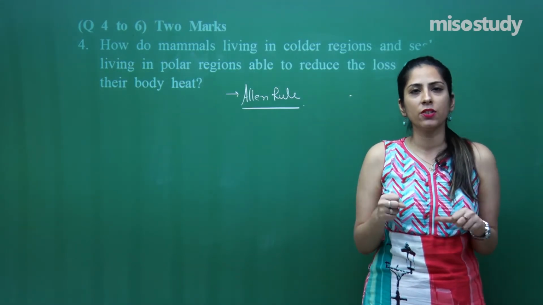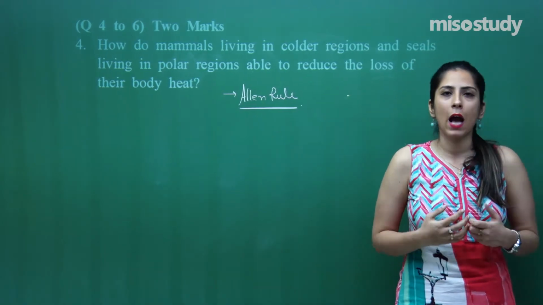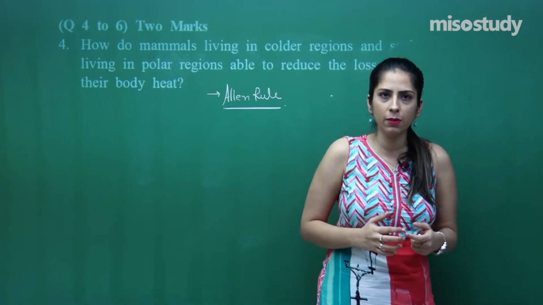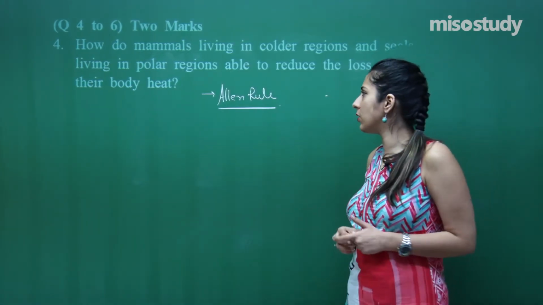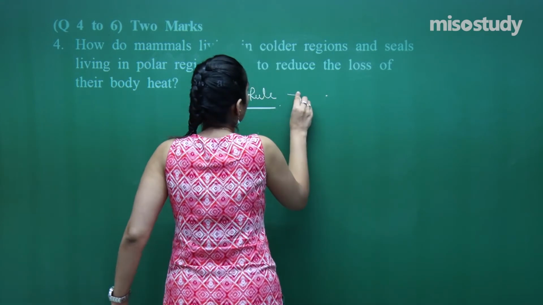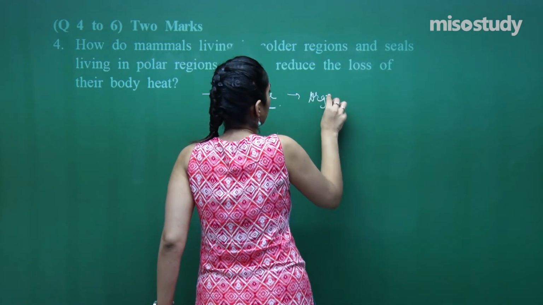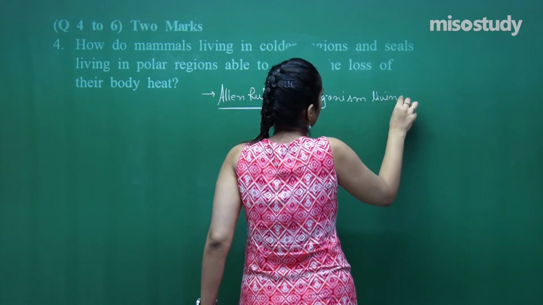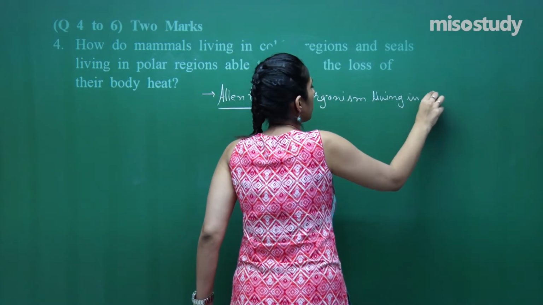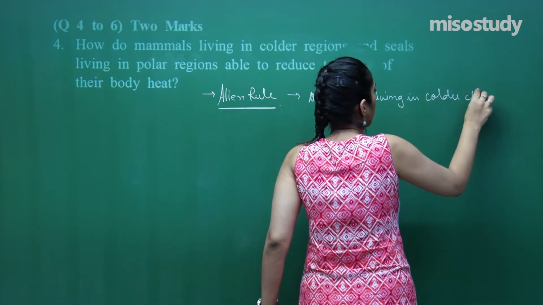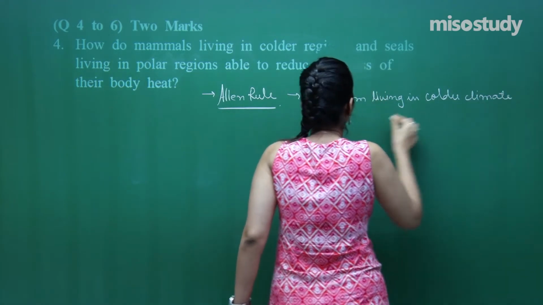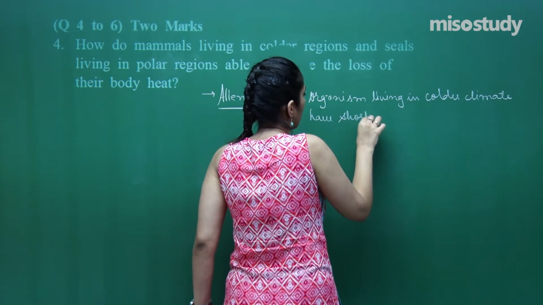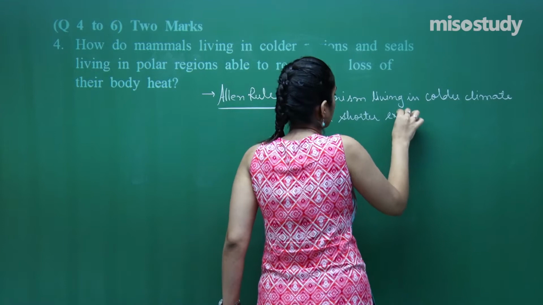The heat exchange that normally happens will not happen over that much surface area, so less heat will be lost. Allen's rule: organisms living in colder climate have shorter extremities.